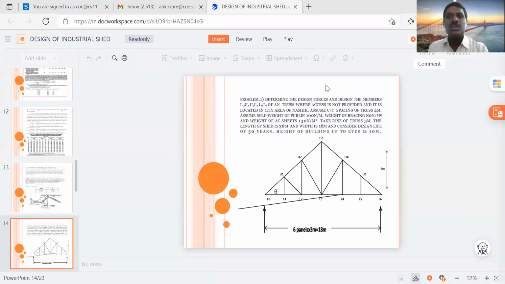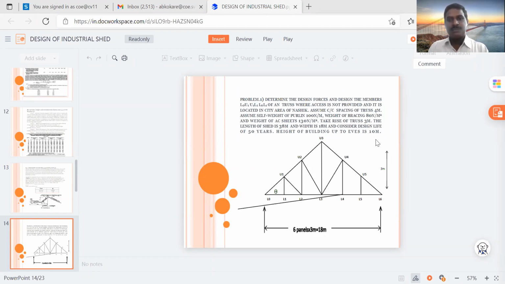Whatever load we have calculated, we will input to the software, and then we will know what members we can use and the various shapes that we will get.